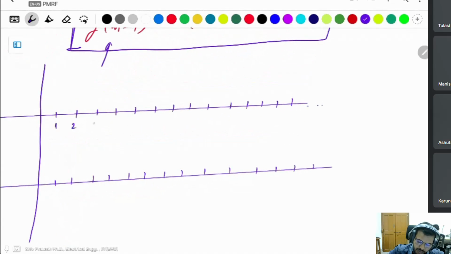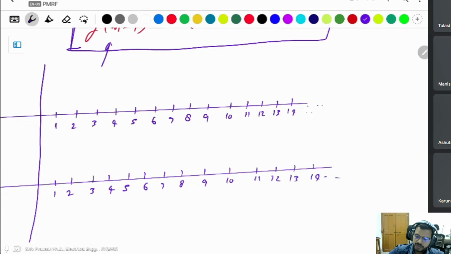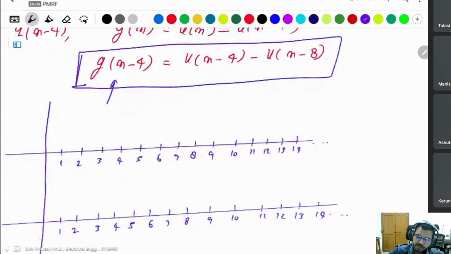This will be 1, 2, 3, 4, 5, 6, 7, 8, 9, 10, 11, 12, 13, 14, dot dot dot to infinity. In the first term, u[n minus 4] means the unit step signal started from 4. The unit step value is 1, so it will be like that, to infinity.